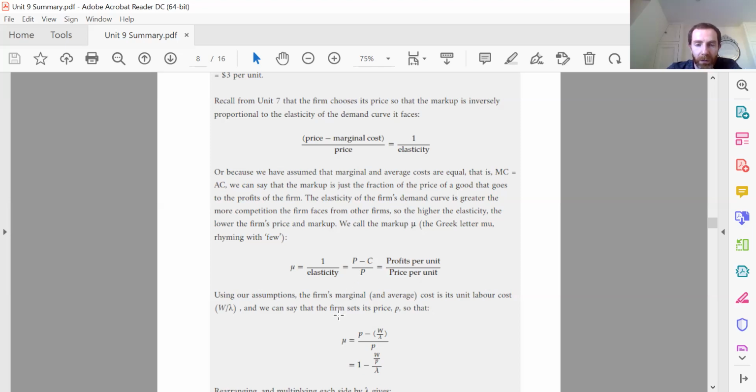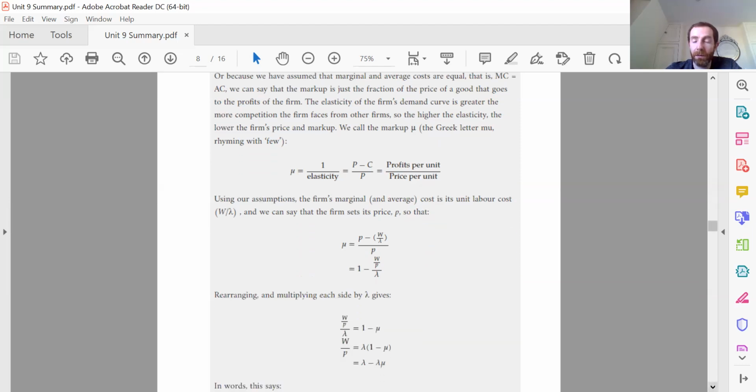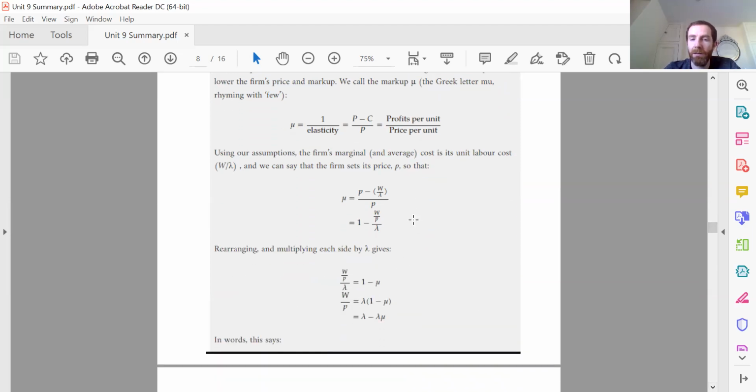Okay, where are we going to go next with this? The goal of this bit of maths is to get a link between the real wages and labor productivity and the markup.